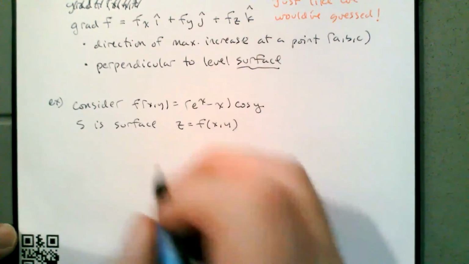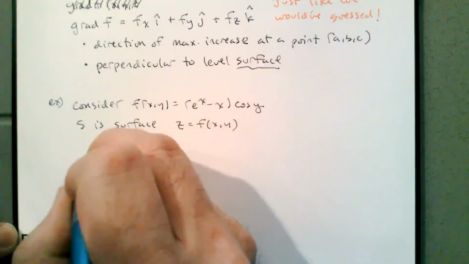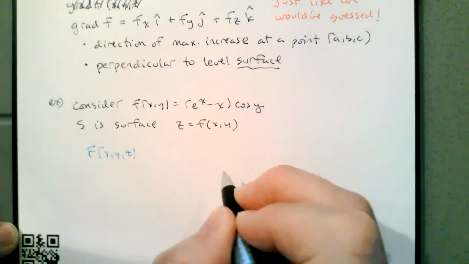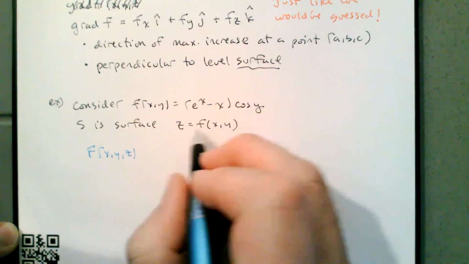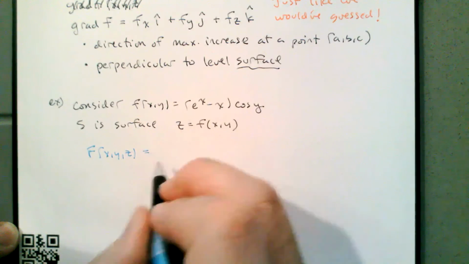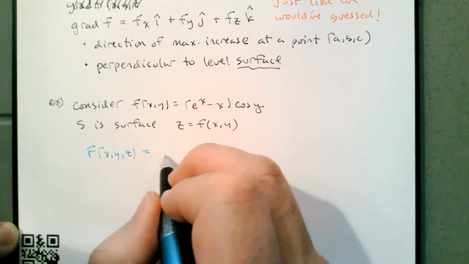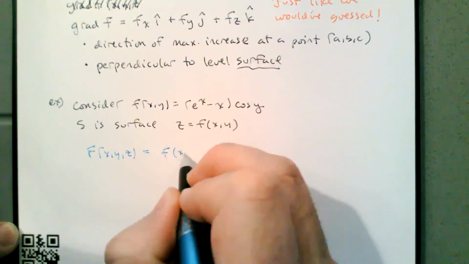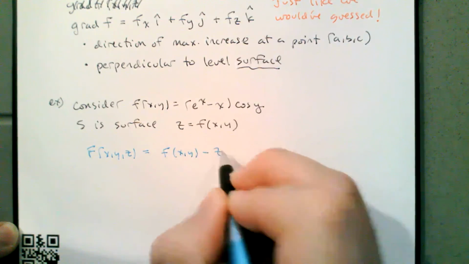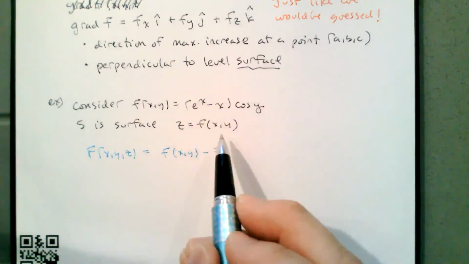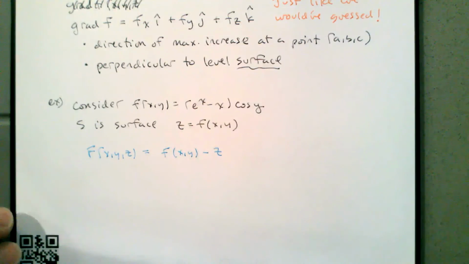We're going to build a function of x, y, and z by just subtracting. We're going to say F of x, y, z is f of x, y minus z.